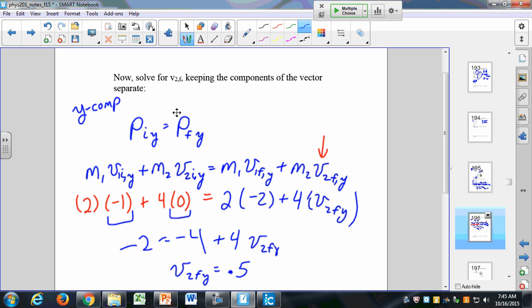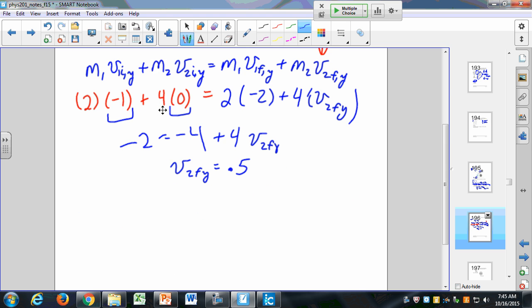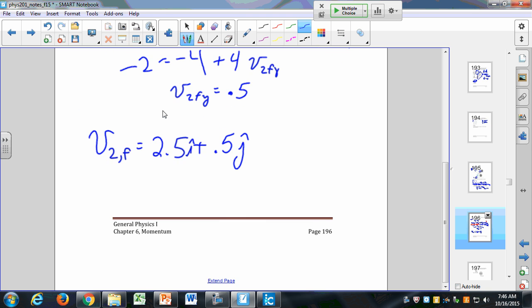So if I was going to report my final velocity of that particle, v2f, it would be 2.5 in the i direction plus 0.5 in the j direction. Remember, if I asked you the magnitude and direction, y'all could do that. Find the magnitude and direction of this velocity vector.